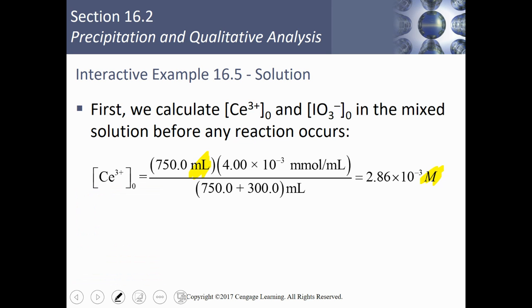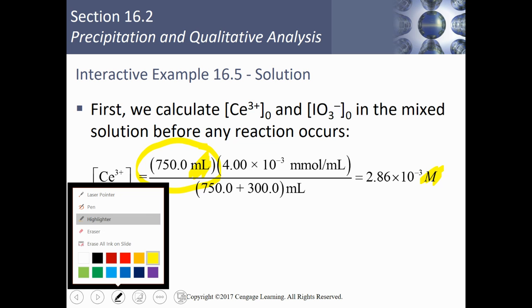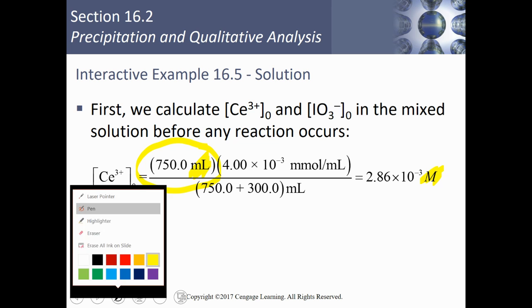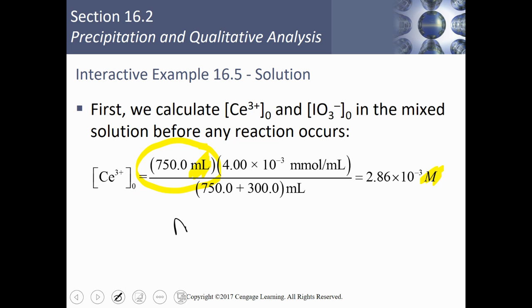if you look here, your initial concentration for the cesium is the volume they gave you in the question for just the cesium nitrate, times the concentration they gave you, divided by your new volume. So really what you're doing is finding moles of the cesium.